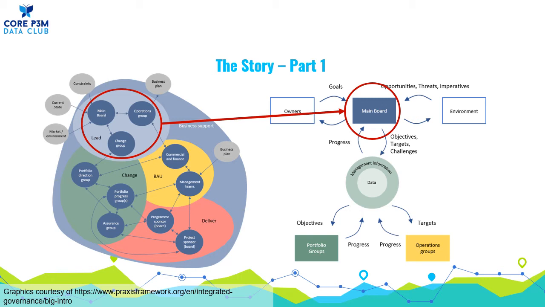We share information on objectives, targets and progress. Portfolio gets things done through projects, programs and products. The big model recognizes what information we need and focuses on how that can be shared and collated for governance and assurance.